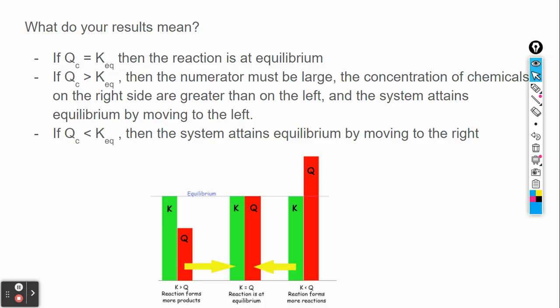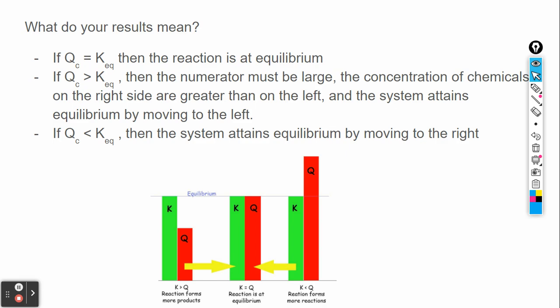If QC is greater than the equilibrium constant, that tells you the numerator is large, meaning there's a lot of product, and the concentration of chemicals on the right side is greater than on the left side. So the system would reach equilibrium by moving to the left.